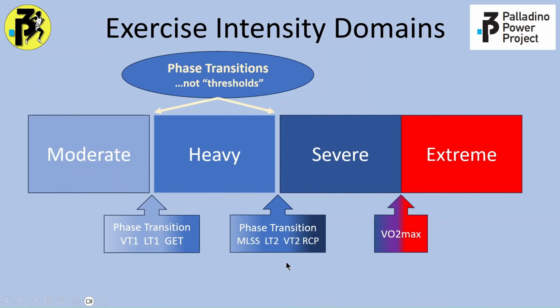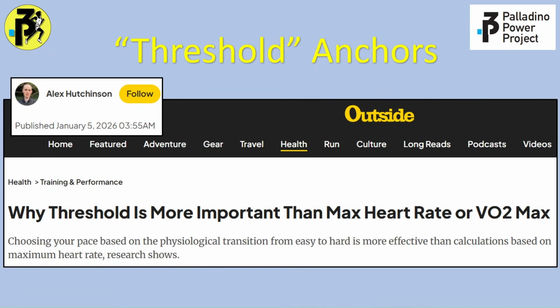So with that aside, let's get into what prompted me to do this video. What prompted me was Alex Hutchinson's recent article, January 5th, 2026, on why threshold is more important than max heart rate or VO2 max.